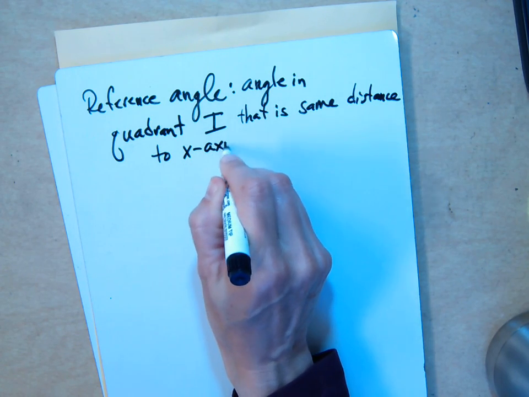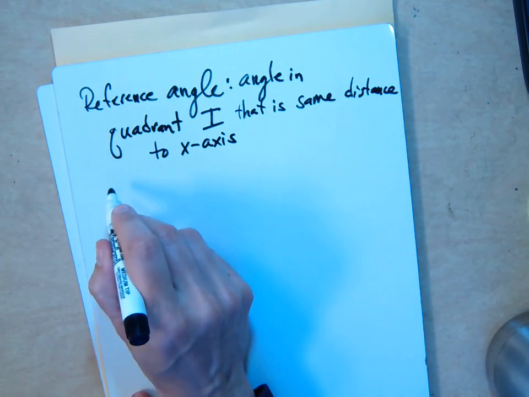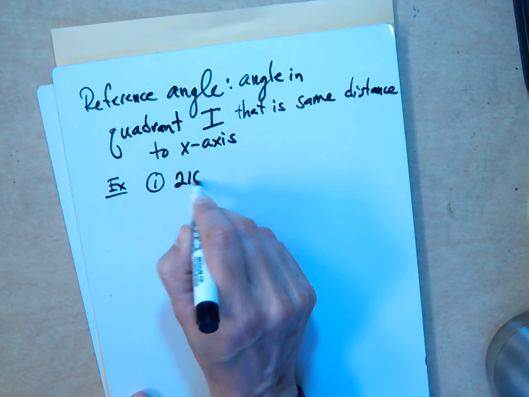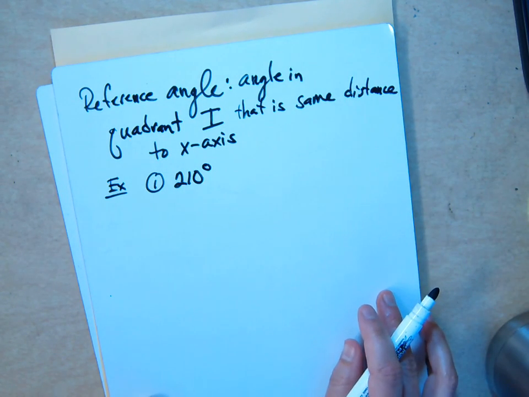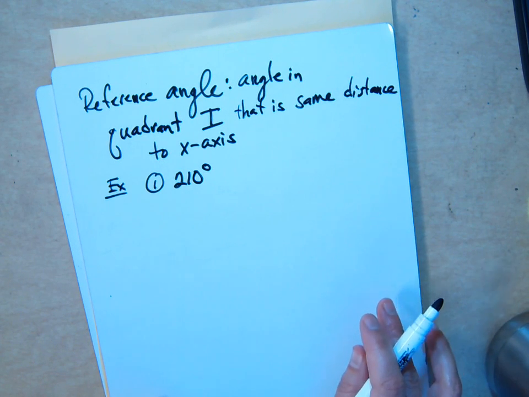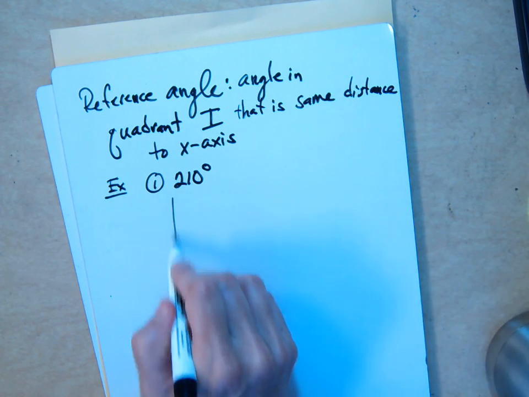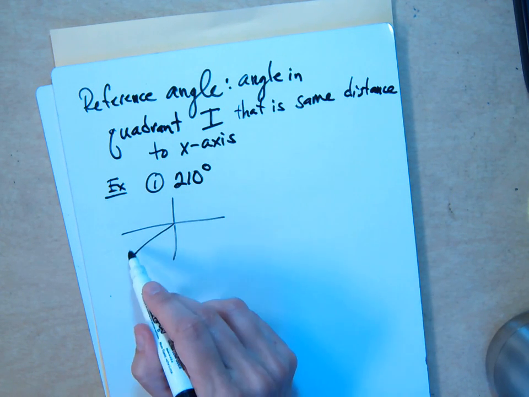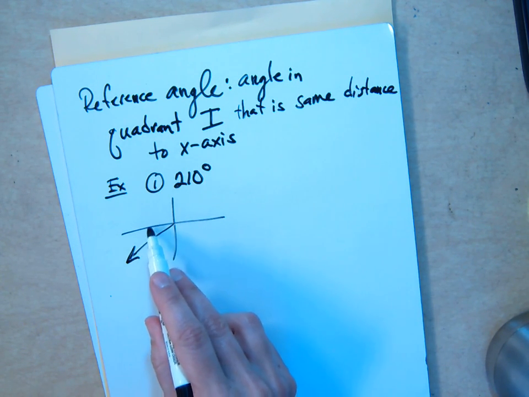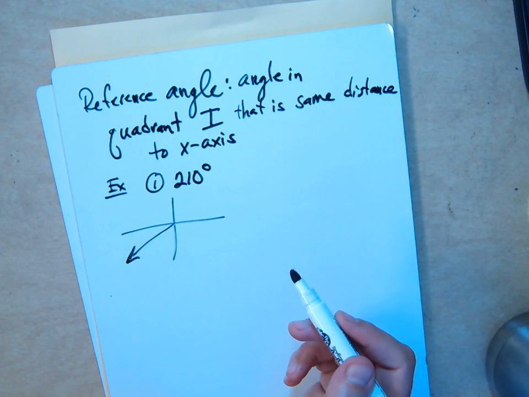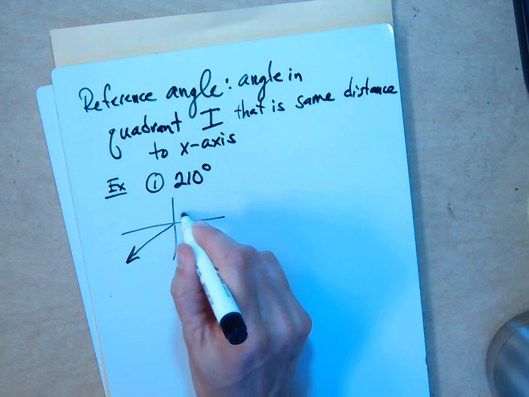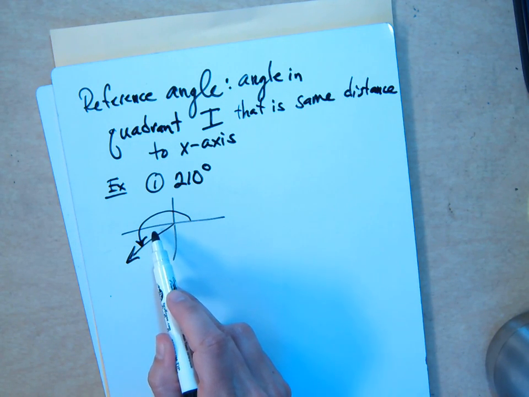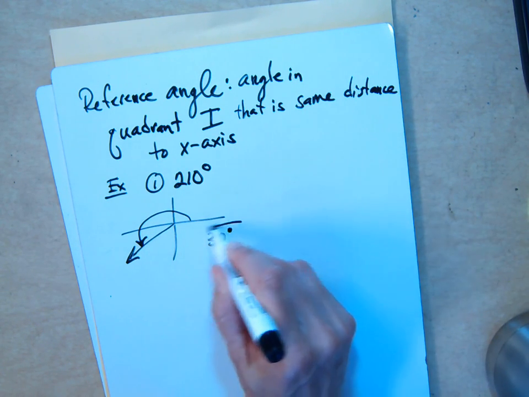For example, what is the reference angle of 210 degrees? It's very helpful to draw a picture. Here's 180, and 210 is a little bit past. How far from the x-axis is it? Very good. Your answer is 30 degrees.